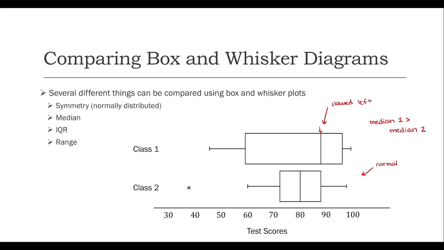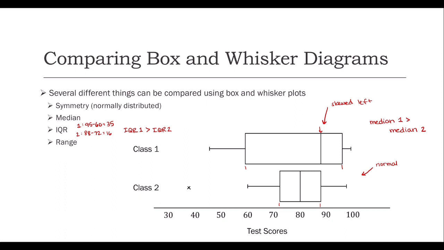For your IQR, your first one, the IQR would be about 95 minus 60, which is 35. For your second one, your IQR would be about 88 minus 72. So that would give you 16. So your IQR of 1 is greater than your IQR of your second one.